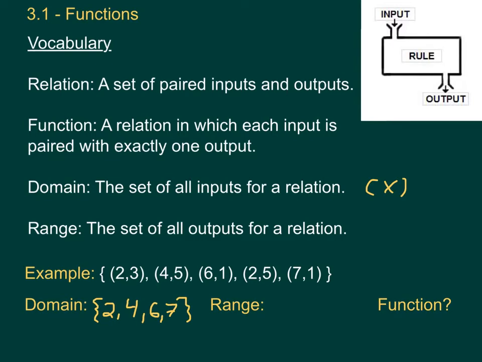The range is very similar, but instead we're looking for the set of all outputs, which are also the y values. And once again, the order doesn't really matter, and I don't need to repeat anything, so I'm just going to have a 1, a 3, and a 5.